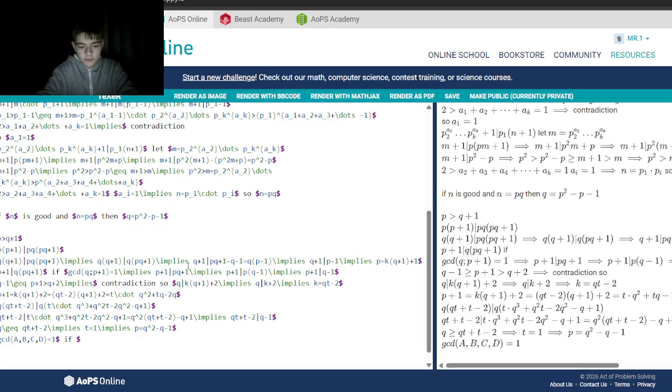Now if A is equal to some number PQ, then there should be B, so P should be equal to P times some prime R, such that R is not equal to P, okay?